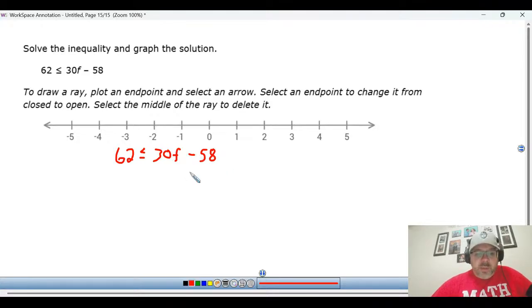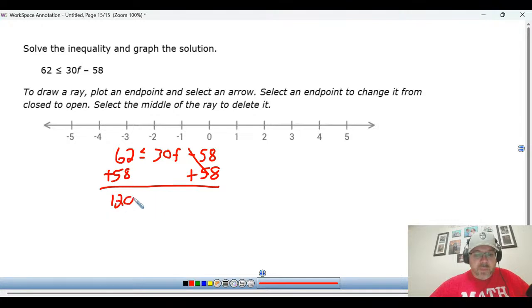So again, we're on the variable side, so we're going to add 58 to both sides. 62 plus 58 is 120. Less than or equal to 30f.